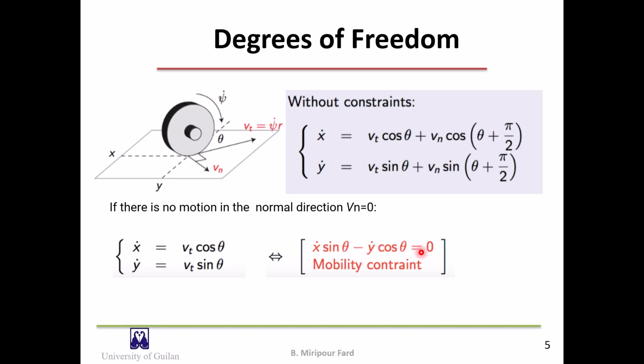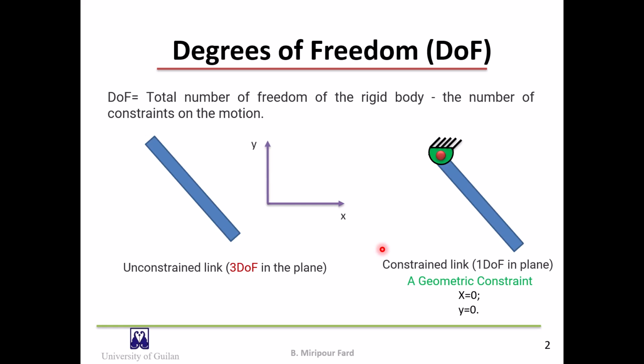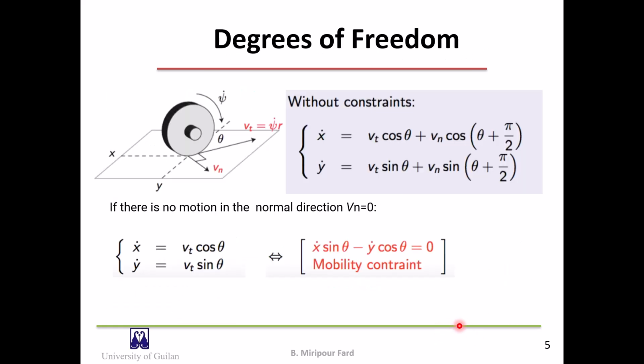This constraint is not on position of the wheel. Compare it with these constraints. These constraints are on the position, but this constraint is on the velocities. It is a mobility constraint, and we will talk about this more in the next slides.